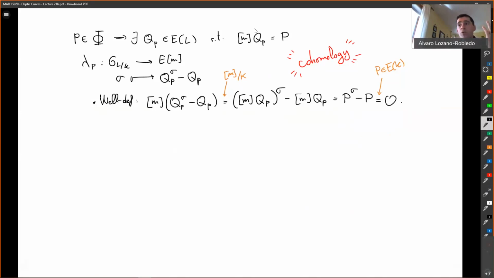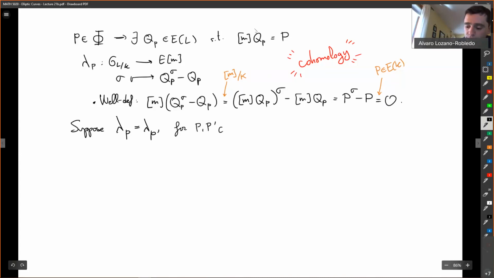All right, so now what I want to prove is actually that this map from points P to these maps is injective. So now suppose that this map is the same as another map for some other P prime. So for P and P prime that come from the kernel of phi.